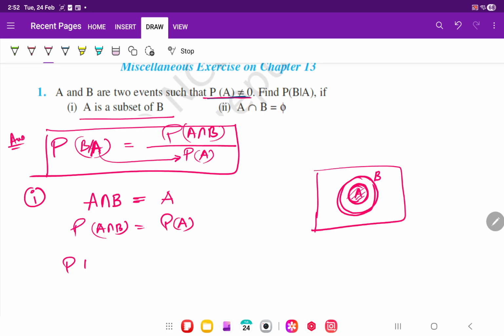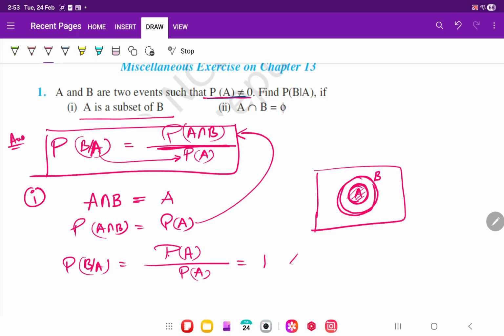So what will be the conditional probability? Here I am putting this value: A intersection B is P(A) by P(A). So this is 1. This is the answer. I hope you got it. This is the first part. Let's do the second part.